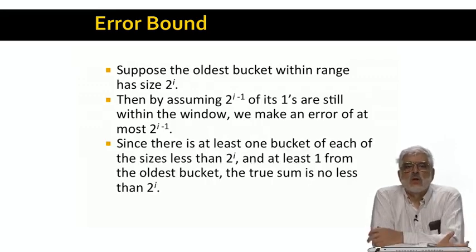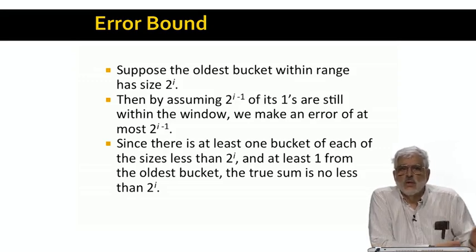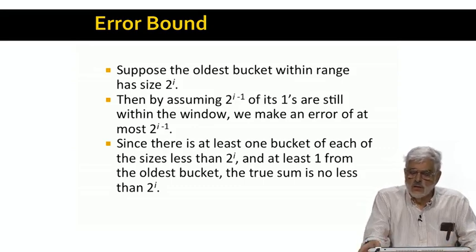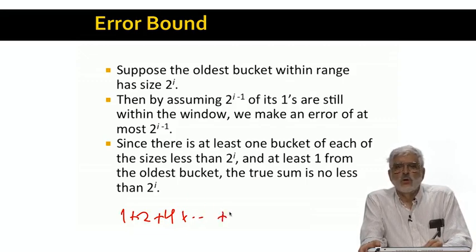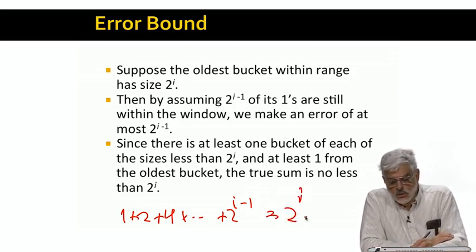Now, what's the smallest the true answer could be? There's at least one bucket of each of the sizes less than 2 to the i that lies completely within the last k bits. These account for at least 1 plus 2 plus 4 plus so on up to 2 to the i minus 1, and that sum is 2 to the i minus 1.